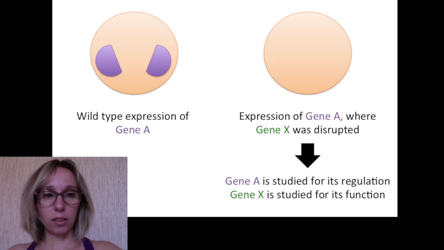So here, for example, you have a wild type expression of gene A, and in the evidence you disrupt gene X and you look at the expression of gene A. And in NISEED we say gene A is studied for its regulation and gene X is studied for its function. So gene X should be also entered manually in the function field in the article card.